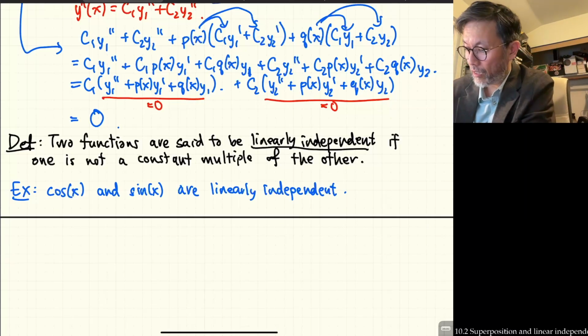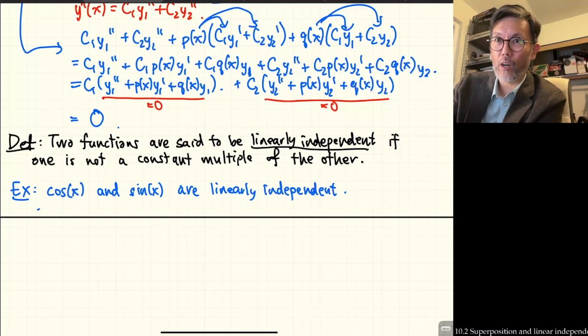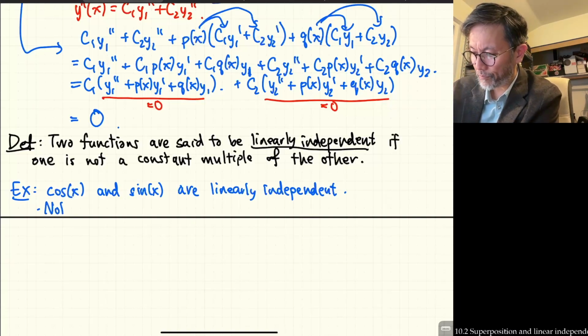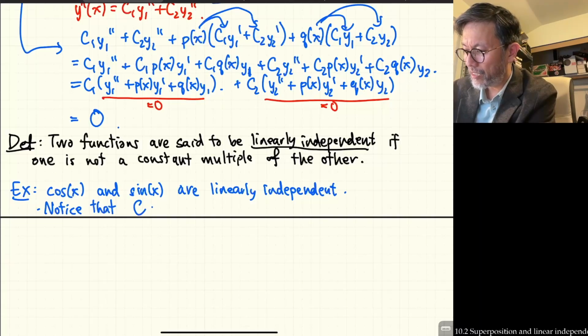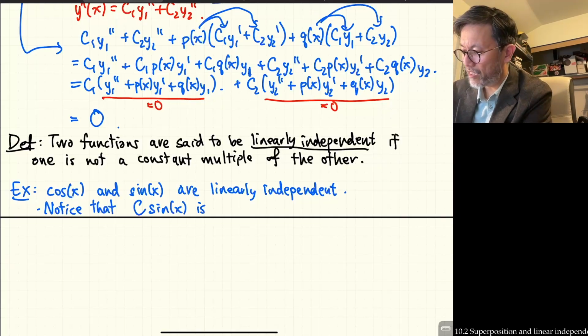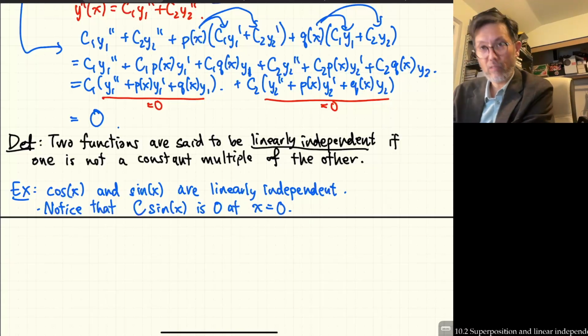So in particular, if you wanted an argument, notice that if we take some constant c times sine of x, this is 0 at x equal to 0, right?